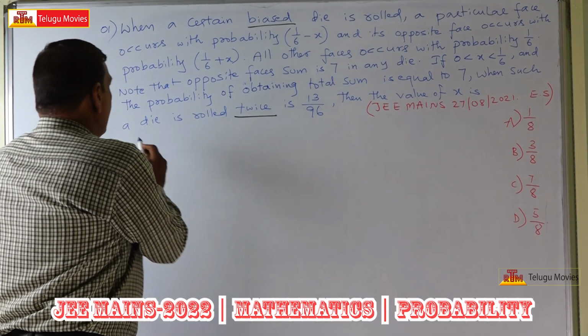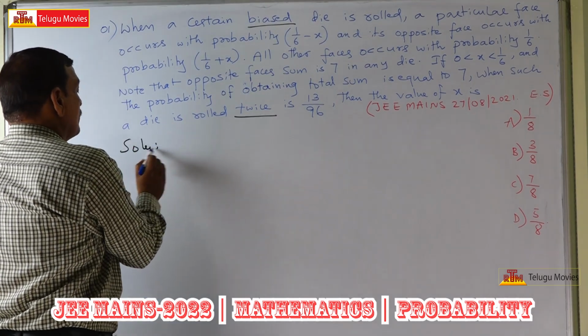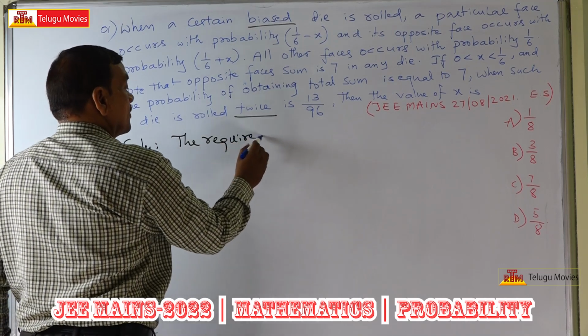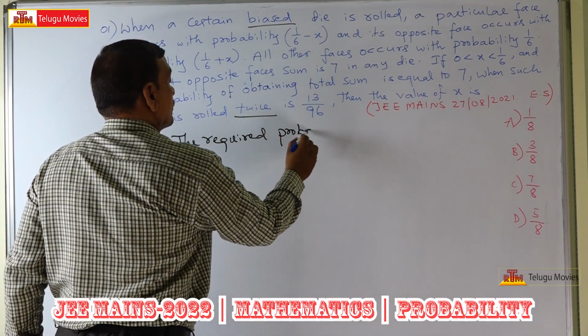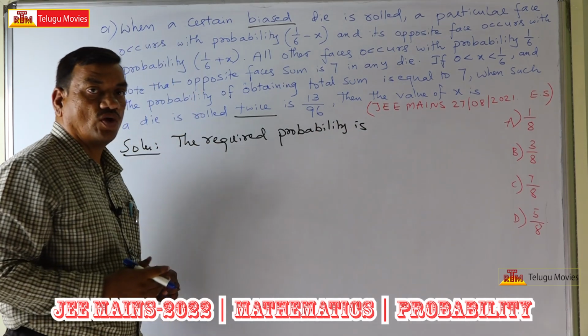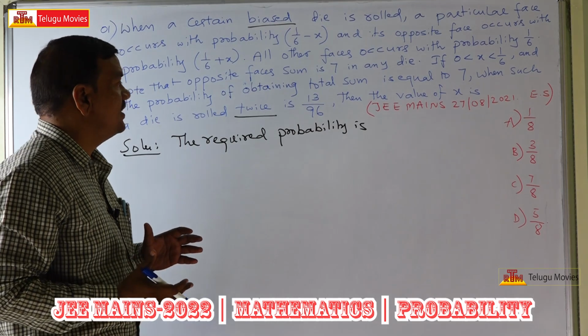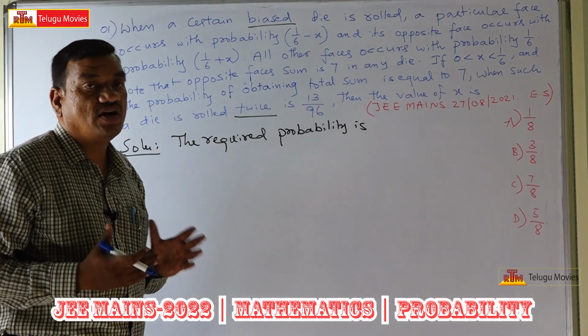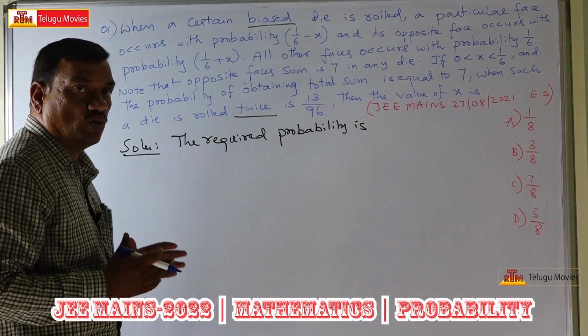So now what is the required probability? See here, first let us see when the die is rolled once.